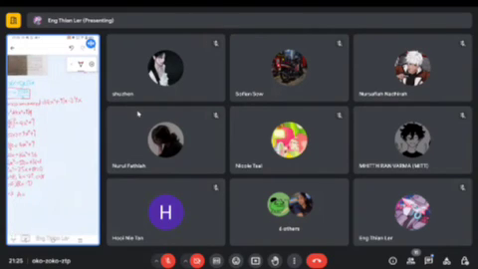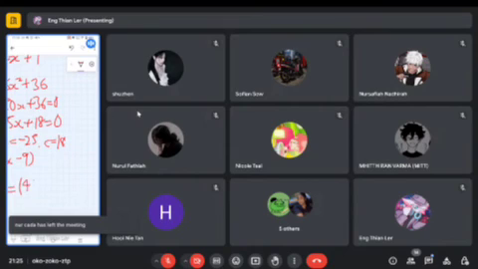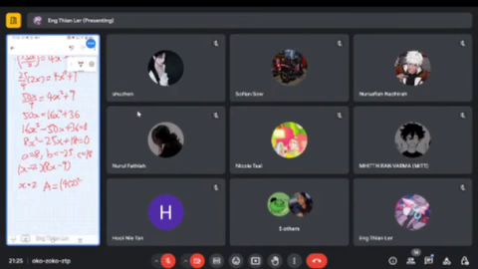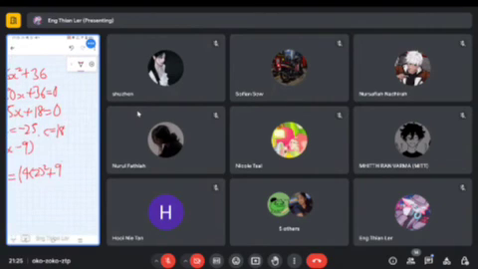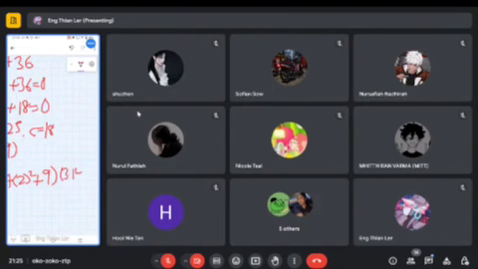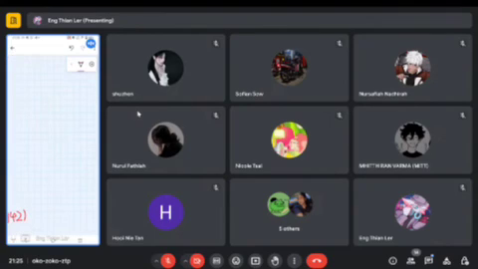So this will become 4x squared, which is 2 squared plus 9, and multiplied by the 3.142, and minus 24 times 2.